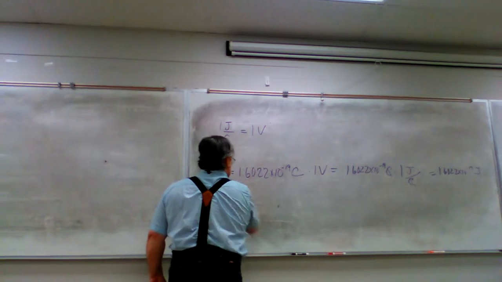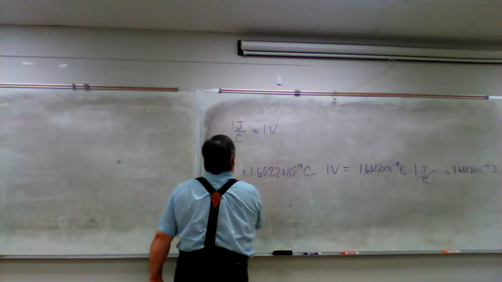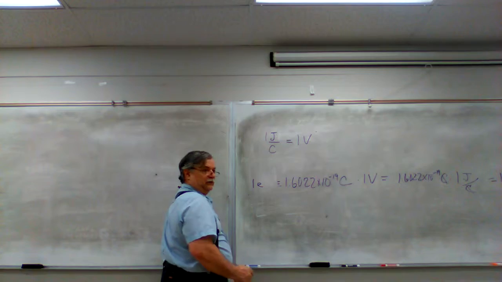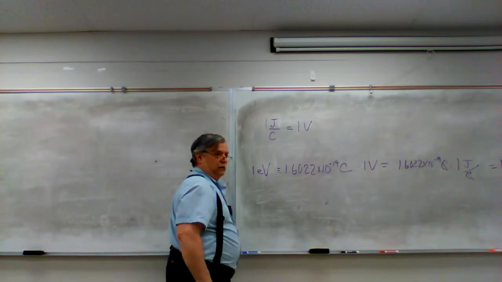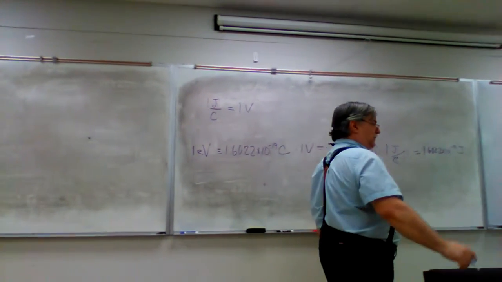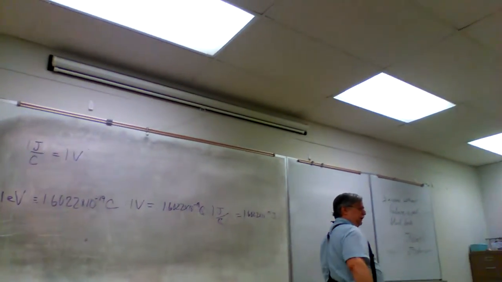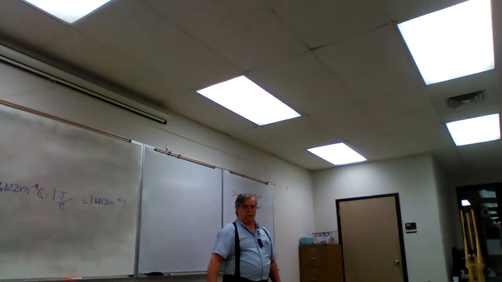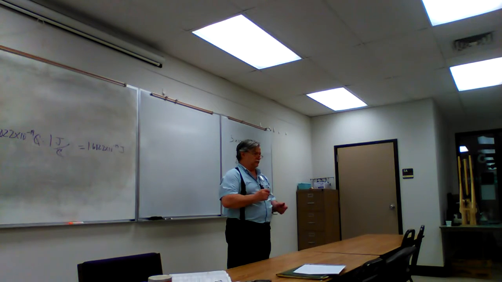That is defined as 1 electron volt. The amount of energy required to push 1 electron across 1 volt of potential difference.